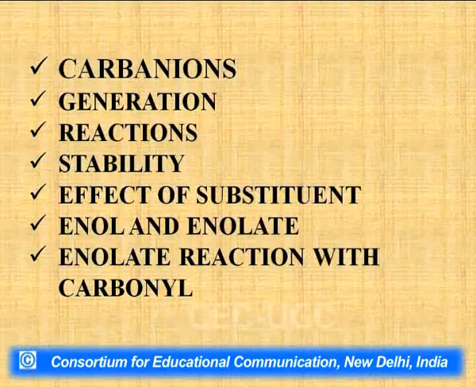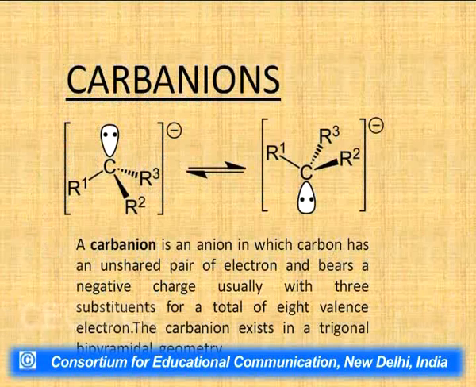Carbanions are reaction intermediates formed in the reaction, and we will also discuss their generation, reactions, stability, effect of substituents, enol and enolate reaction with the carbonyl. Carbanion forms in the reaction as a reaction intermediate and then goes on to the product.